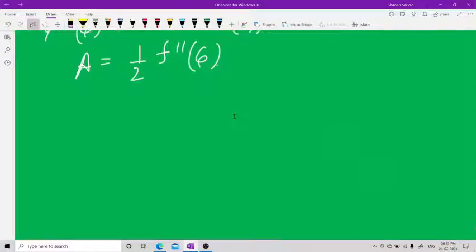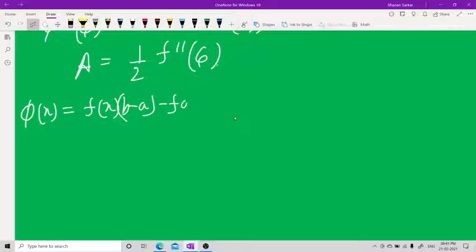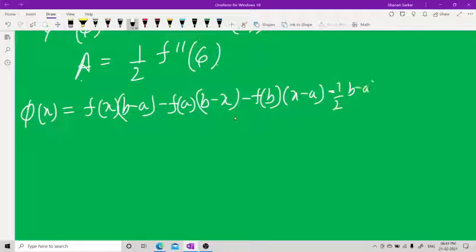So phi x is equal to f of x (b minus a) minus f of a (b minus x) minus f of b (x minus a), and instead of this A we have minus half (b minus a)(x minus a)(x minus b) f double dash xi.